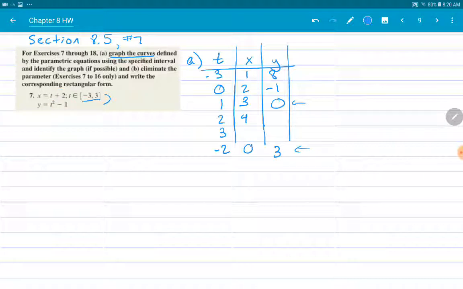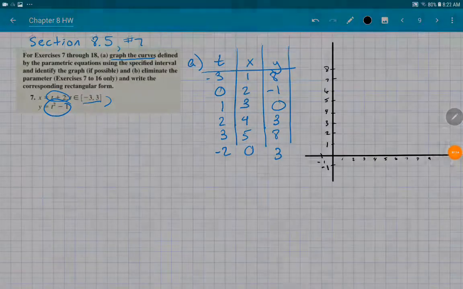Plugging in 2 for y, that's 4 minus 1, which is 3. So there's going to be some repeating digits here. Starting to look like a parabola. And then 3, plugging our 3 in for x, we get 5. And 3 in for y, we get 9 minus 1, which is 8. So let's plug those points into a graph.